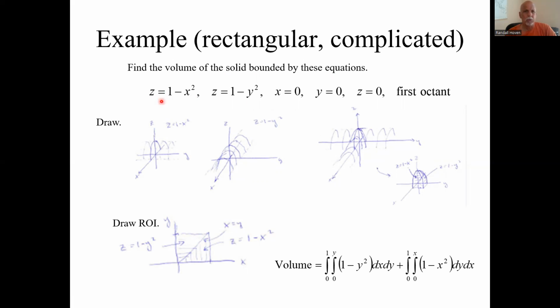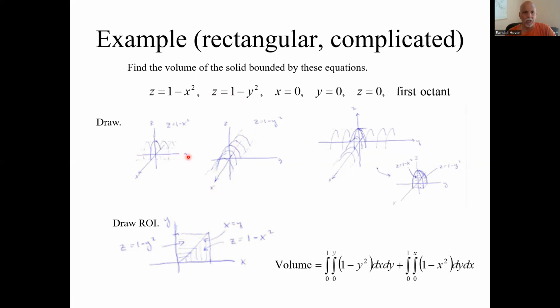Here's one boundary, z equals 1 minus x squared. That is all these little parabolas. So it's kind of this tunnel type thing. The other boundary is z equals 1 minus y squared. That's this other tunnel aligned with the x-axis.